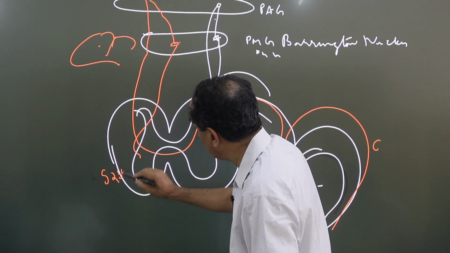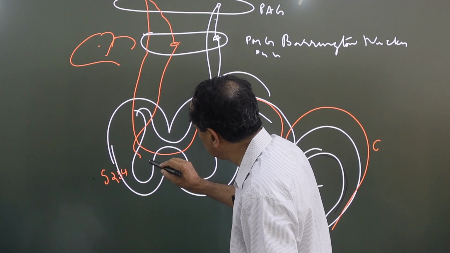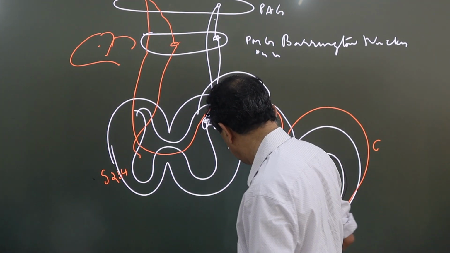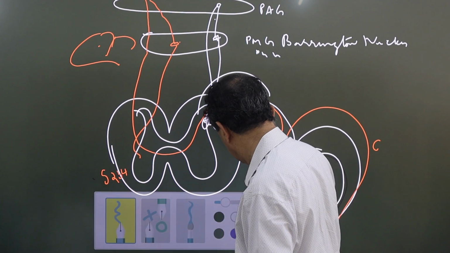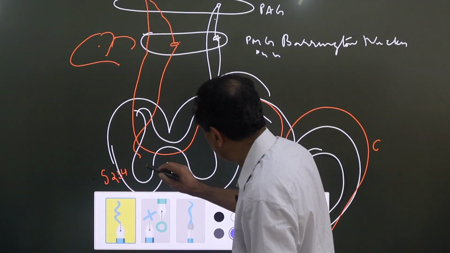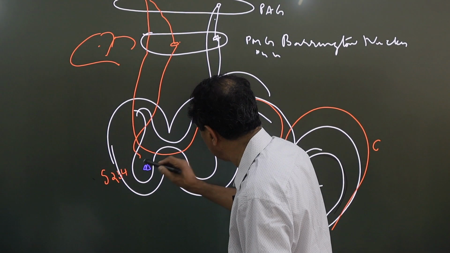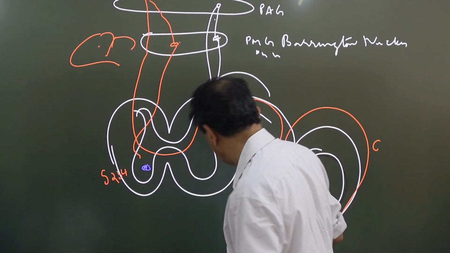What do you have? You have two things. You have one set of neurons which are parasympathetic neurons.